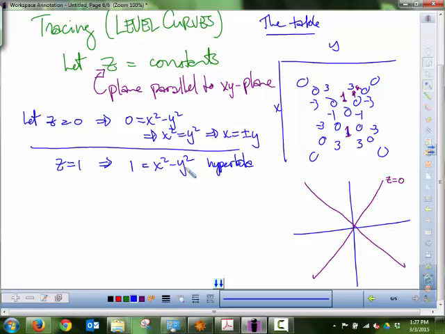Centered around the origin. Remember, x squared minus y squared, or think about it as x squared over 1 squared minus y squared over 1 squared. And when x is equal to 1, y is equal to 0, that would make sense. But when x is equal to 0, that would make sense. So x equals 0 doesn't happen for that.